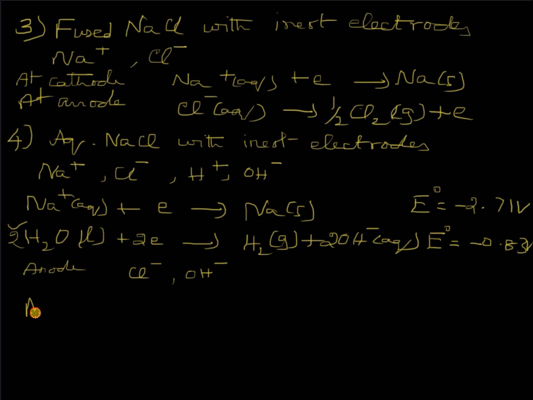Now when we write NaCl plus H2O, the products of electrolysis are H2 gas plus Cl2 gas, isn't it? Cl2 here, at the anode, the product is Cl2. You can refer to the earlier reaction, Cl2 gas at the anode and hydrogen gas at the cathode, and you have NaOH.